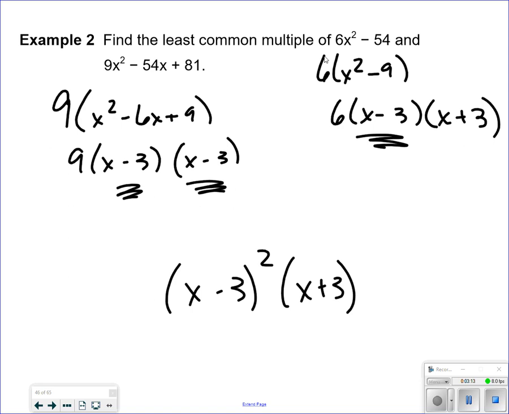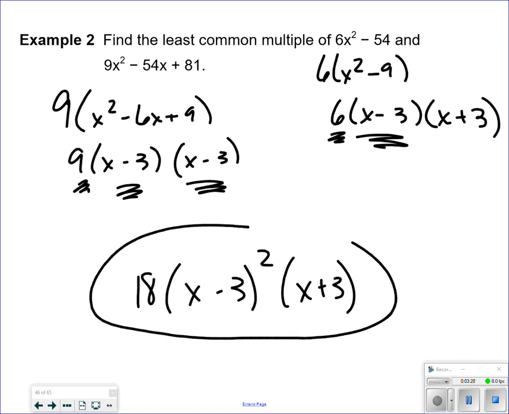And then what is the least common multiple between 9 and 6? 18 would be the smallest, because if I multiplied 9 by 2 and 6 by 3, I would get to 18. So the least common multiple, or the easiest way to get to both denominators, would be x minus 3 quantity squared, x plus 3, and 18.